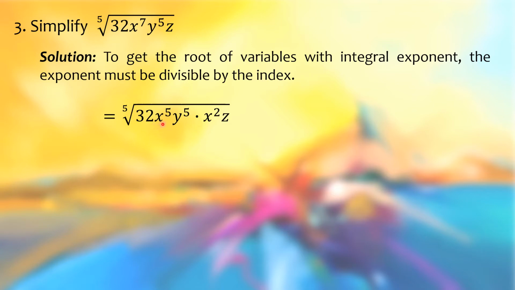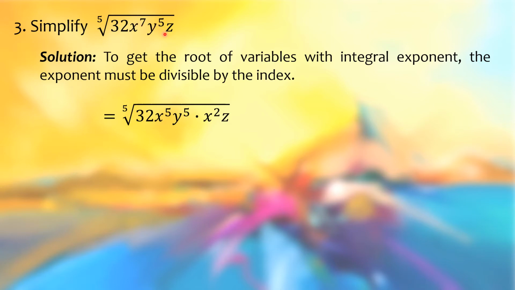Ito ay dahil yung x to the 7th o yung 7 ay hindi kayang i-divide sa 5. So, binawasan natin ng dalawa yung 7 para maging divisible sa 5. And then, yung x squared o yung 2 na exponent ay inihiwalay muna natin kaya nagkaroon ng x squared dito. Because x to the 5th times x squared is x to the 7th.